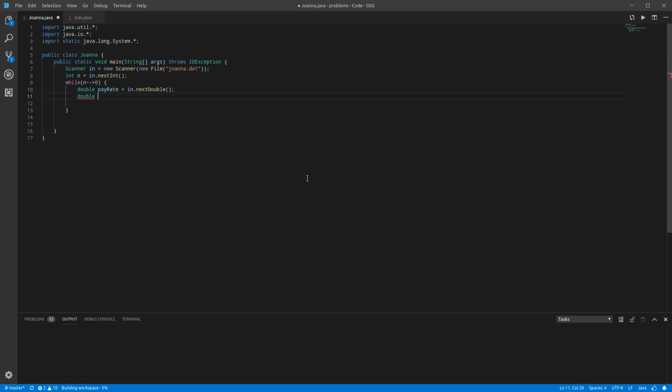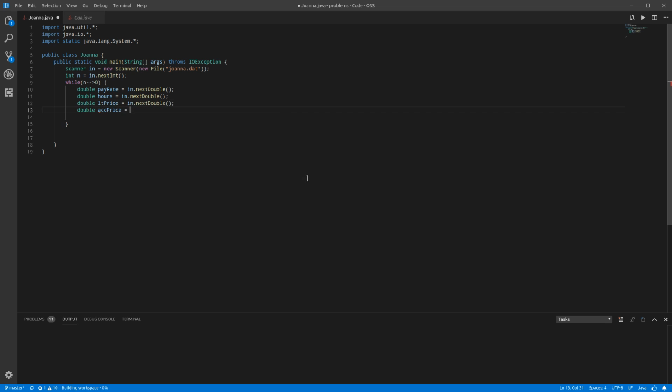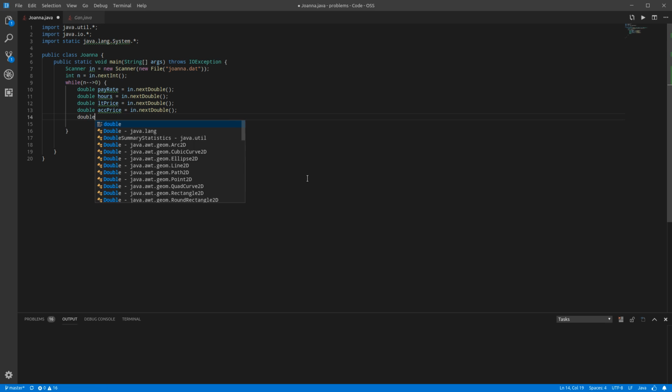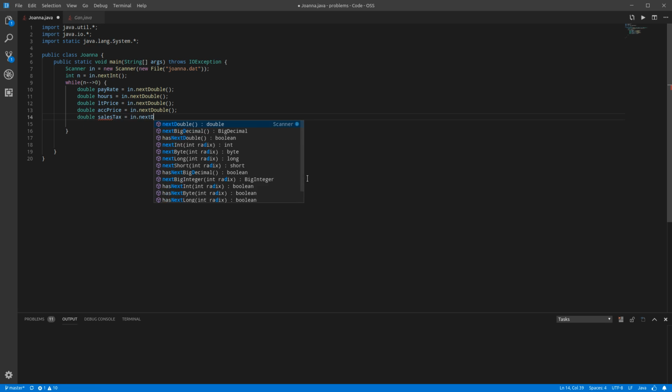Double hours equals n dot next double. Double laptopPrice n dot next double. Double accessoryPrice n dot next double. And we have tax, sales tax, n dot next double.